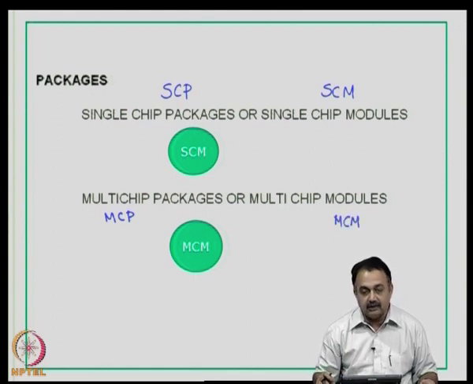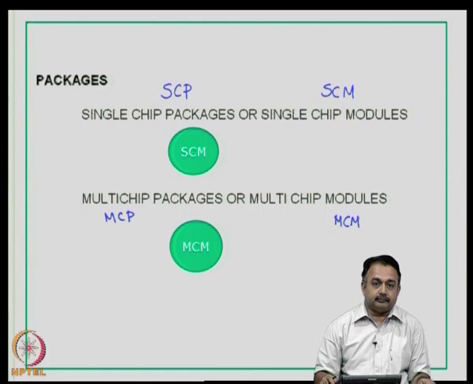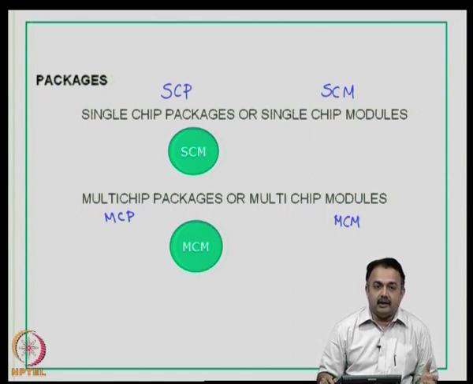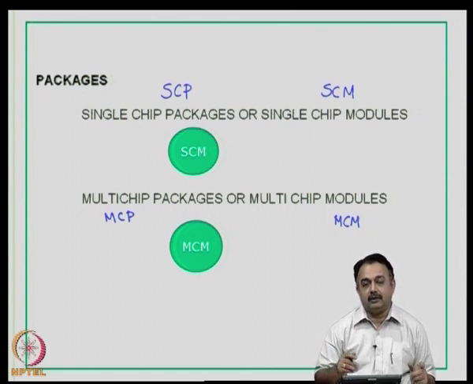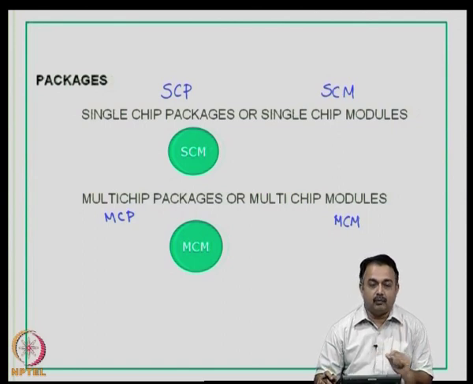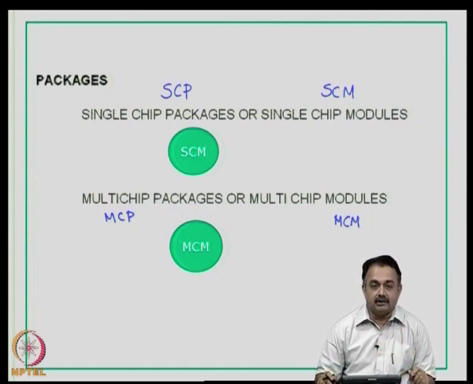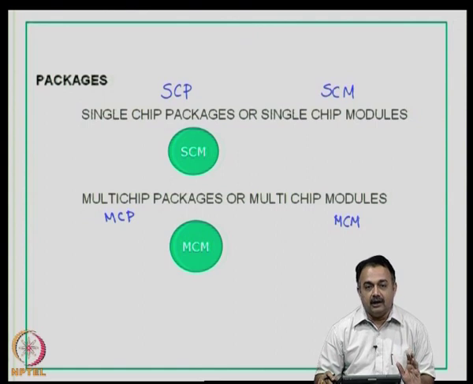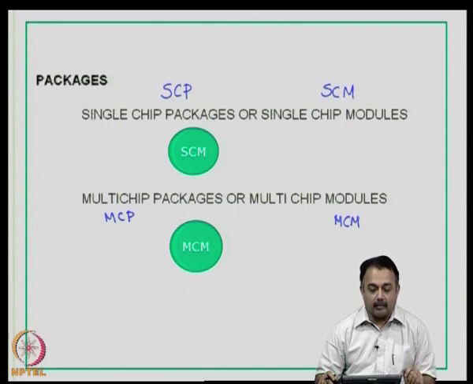What we are trying to understand through this chapter is that, as the name indicates, a single chip package will contain one chip or one die interconnected in a suitable format and then packaged. Packaged means it is protected from the external environment and other external factors like temperature, humidity, dust and so on, including electrical and thermal effects.